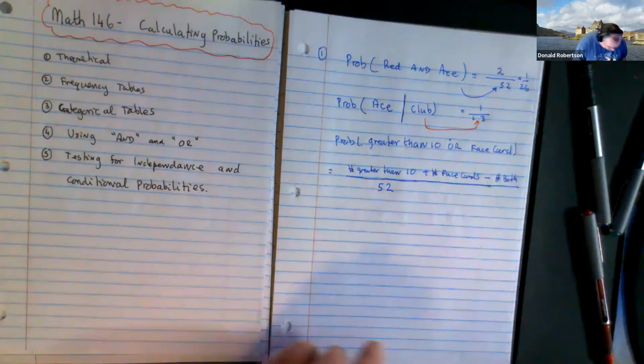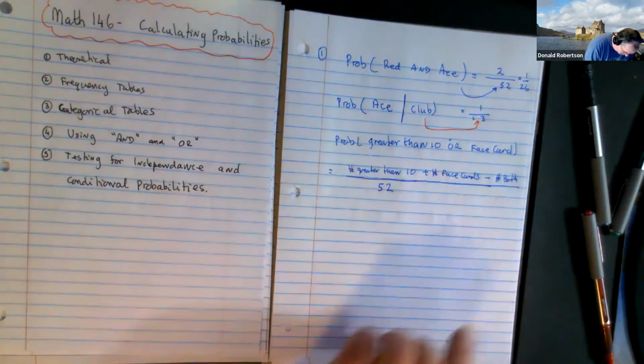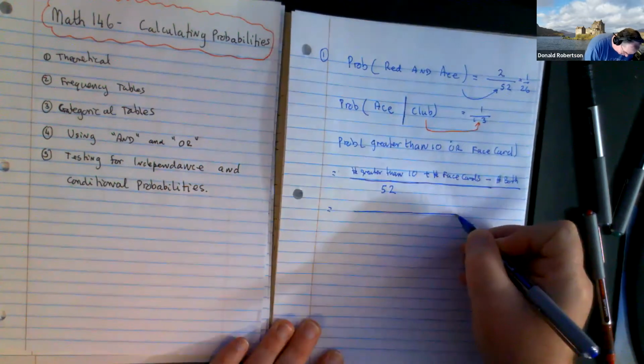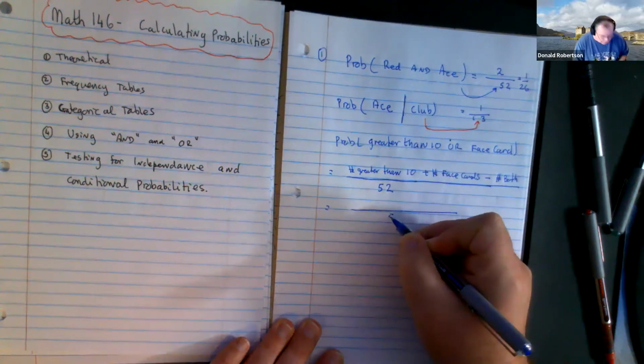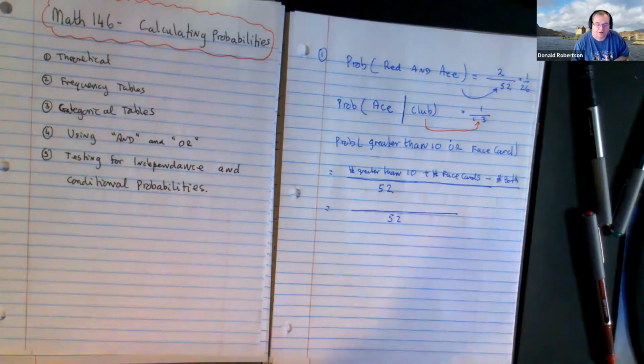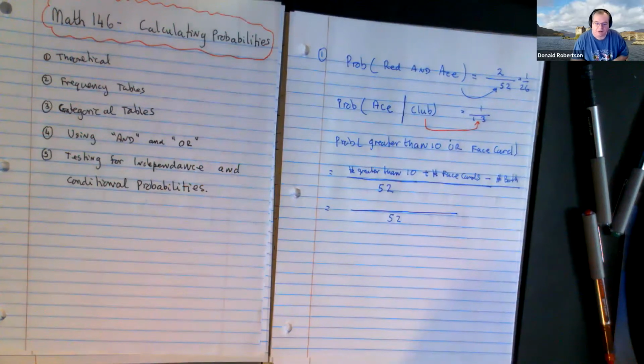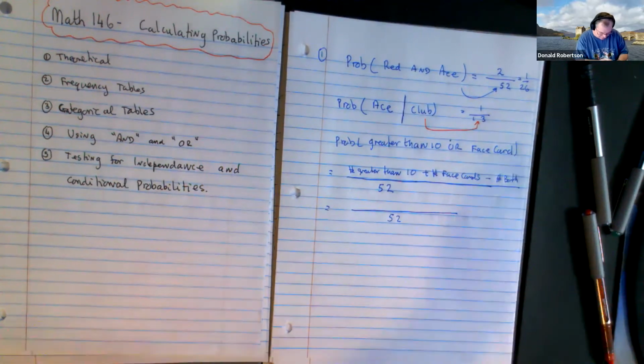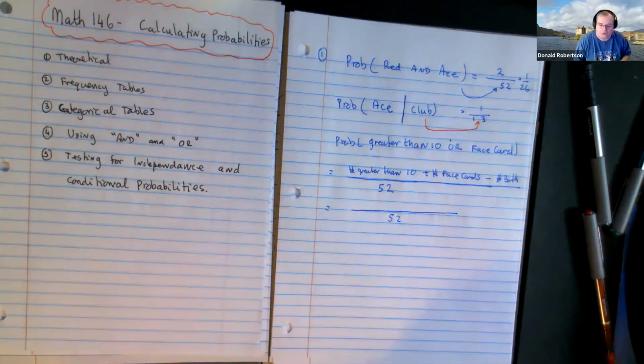And this one's kind of a weird one, but it's still a valid question. Now, when I say greater than 10, I guess we have to be kind of clear here. I am meaning a jack, a queen, a king, or an ace. So I'm counting aces as being greater than a 10. They're worth more than a 10.